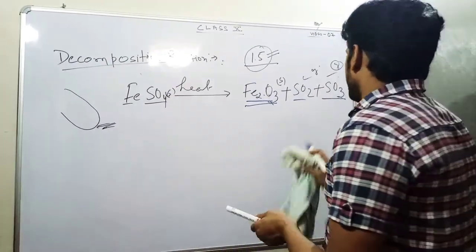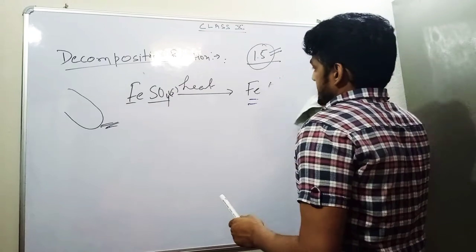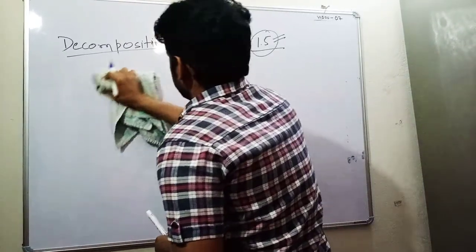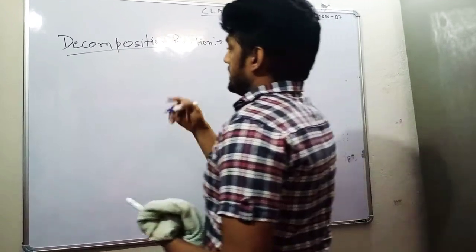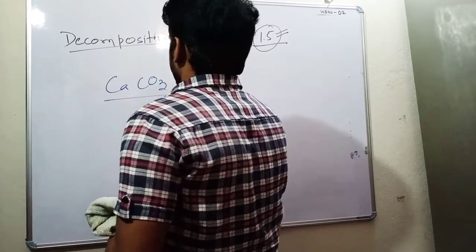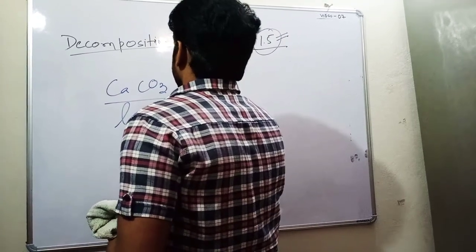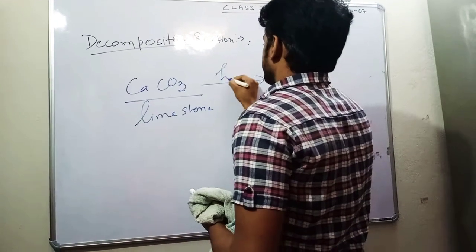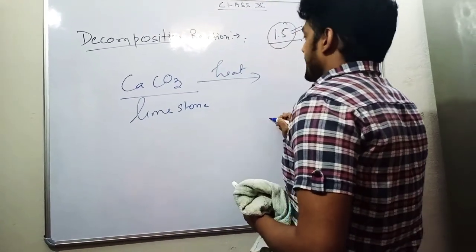We will take one more example which is given in our NCERT book, and which we also saw in the last video: CaCO3, calcium carbonate, limestone, is heated. Then what will it form?